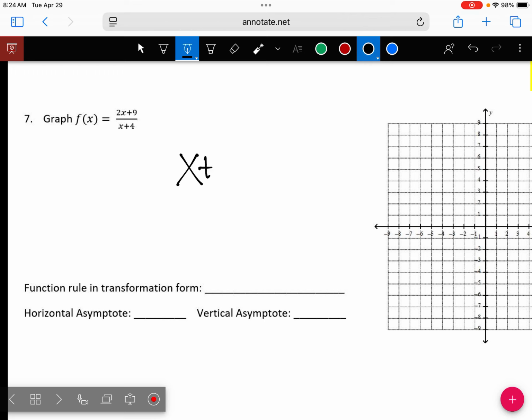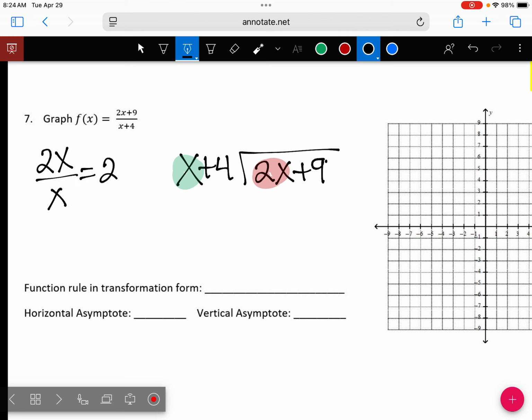x plus 4 goes into 2x plus 9. So I'm going to start by taking 2x over x. When I take my 2x over x, I get 2. That's what we put on the top. And then whatever number we put on top, we have to multiply by whatever was in front, which is x plus 4.